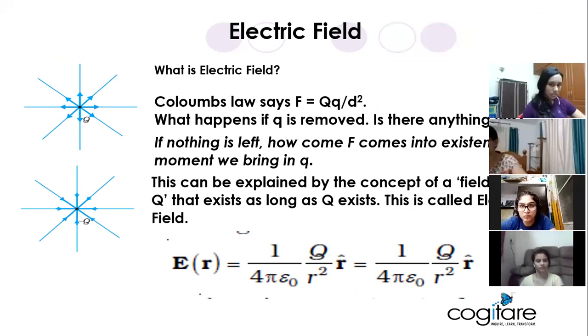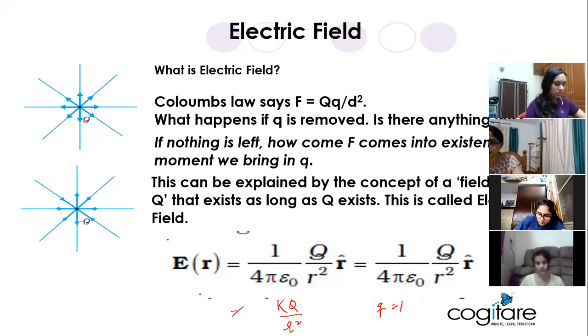This is the formula for that. But 1 by 4 pi epsilon naught is K, so K Q by R square, right? That means you have taken the second Q equal to 1. If that second Q is equal to 1, this becomes F, isn't it? That means it is the force experienced by a test charge.